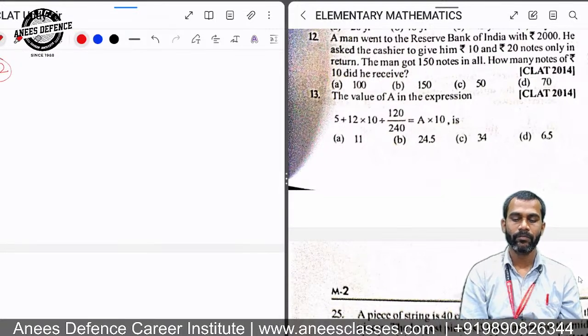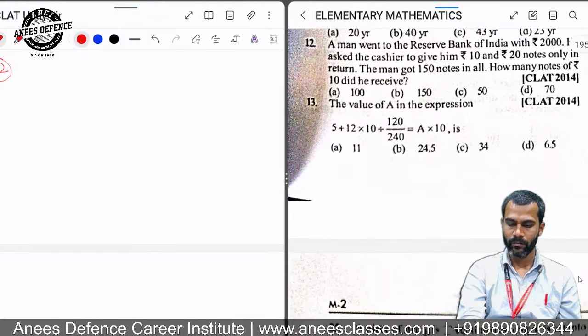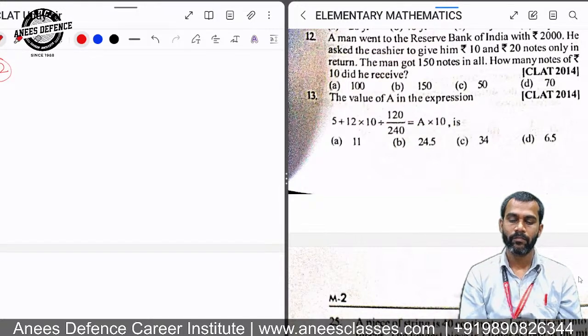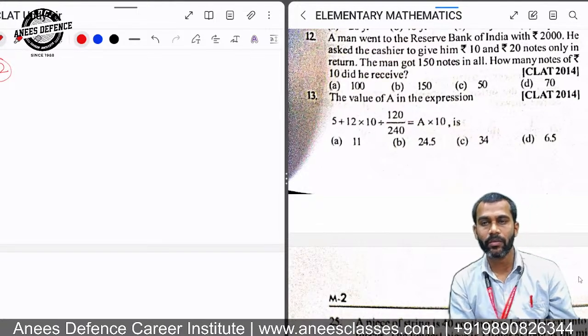Question number 12. A man went to the Reserve Bank of India with rupees 2000.